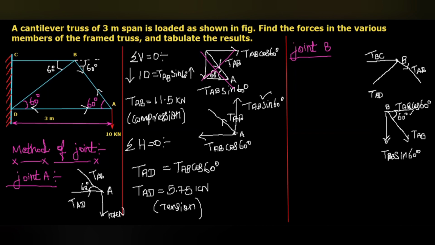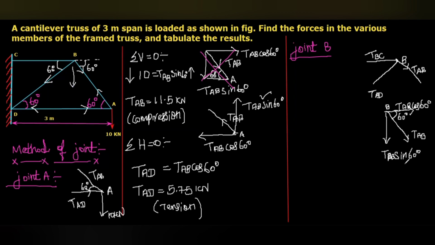To compensate this vertical resolved component, we need an upward force. Here for TBD there are two possibilities. In case it acts downward, like this in the third quadrant, then the vertical component will also be downward.